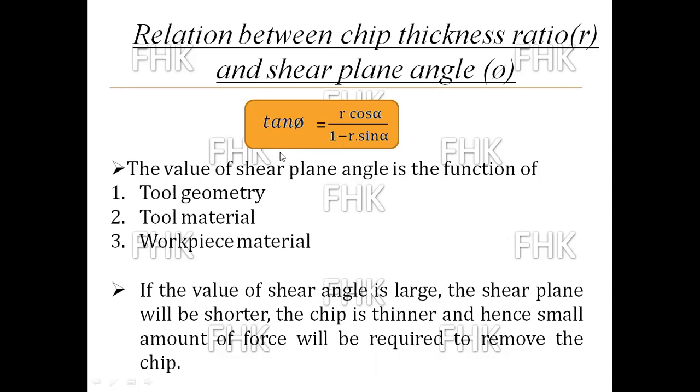So remember this formula: tan φ is equal to r cos α divided by 1 minus r sin α.